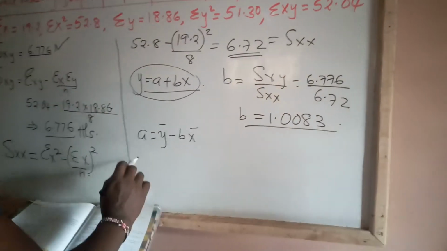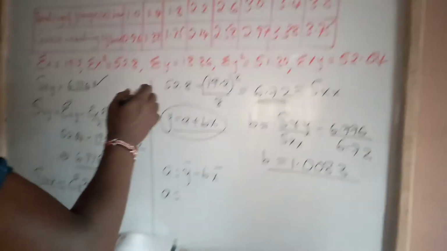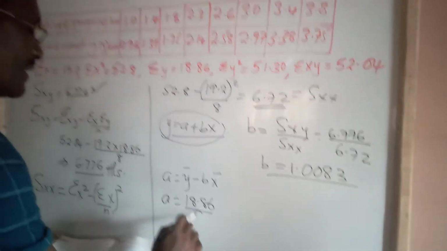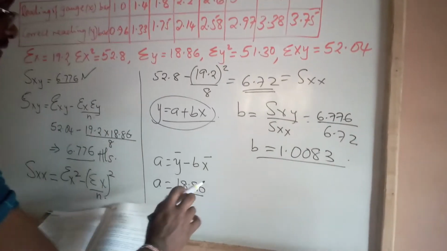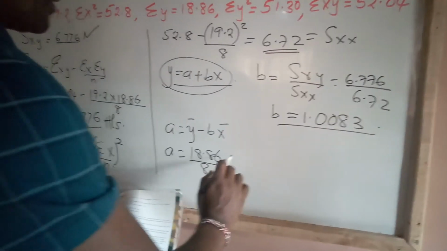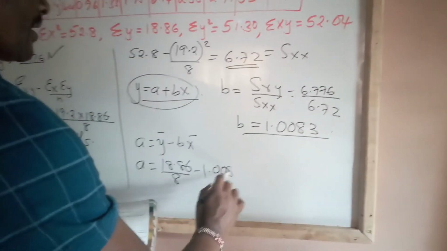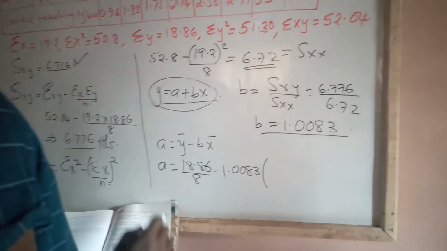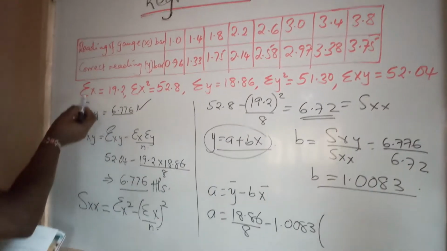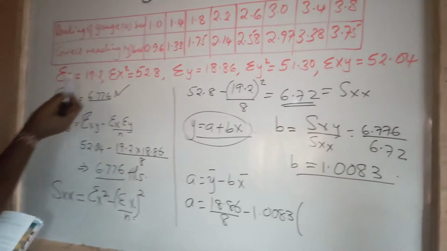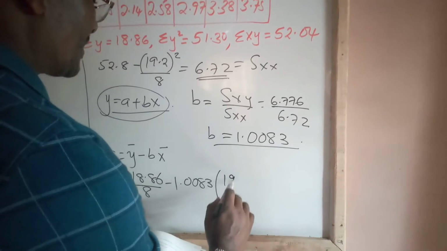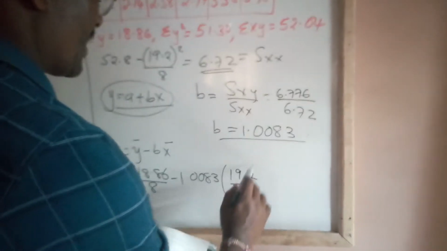So a is 18.86 divided by 8, which gives the mean of y, minus the value of b, 1.0083, multiplied by the mean of x, which is sigma x divided by the number of readings, 19.2 over 8.